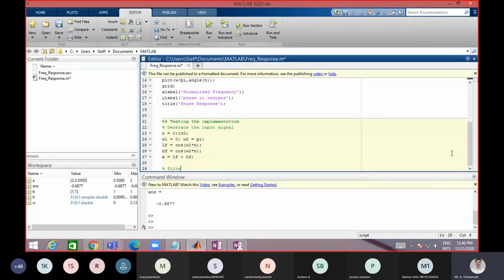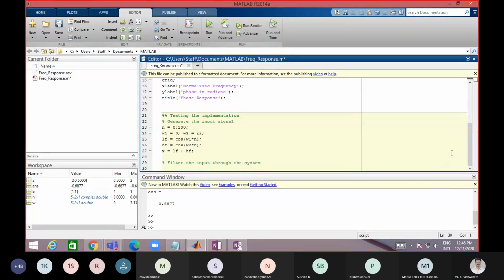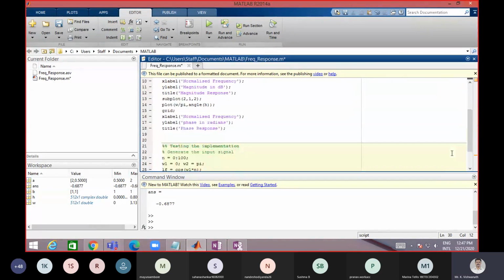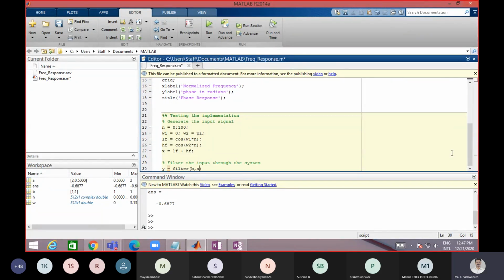So filter the input through the system. Output is nothing but filter, the numerator coefficients, that is B, and the denominator coefficients and the input. So you got this.